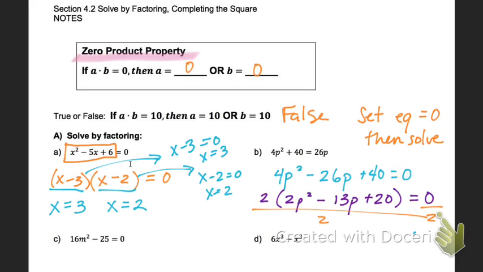The 2 cancels out, and then 0 over 2 is just 0. So I don't even need the parentheses. I can just say 2p squared minus 13p plus 20 equals 0. That 2 can just go away when I factored it out. Anything you factor out, if it's just a number, it can go away. If it's an x, then no.